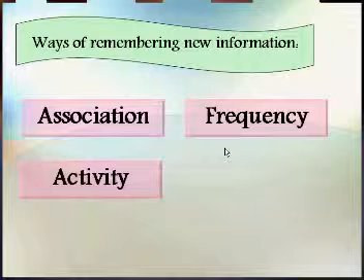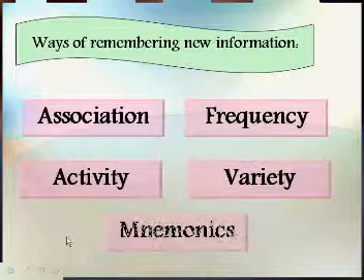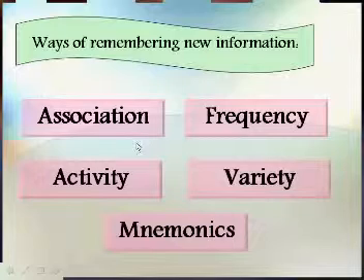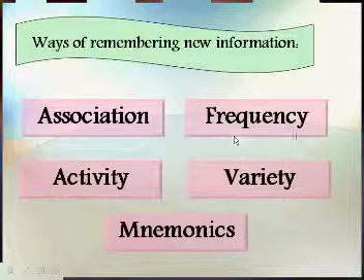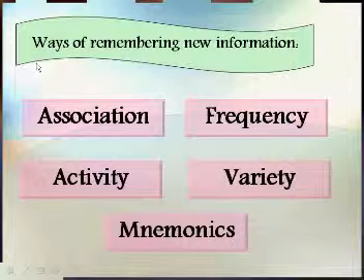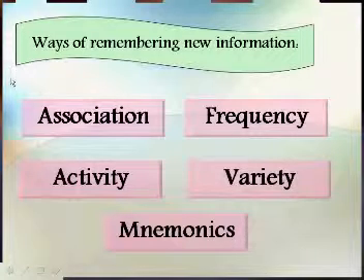Frequency. Very good. What's next? Variety. Mnemonics. Very good. Association, activity, frequency, variety, and mnemonics. These are ways of remembering new information. Very good.